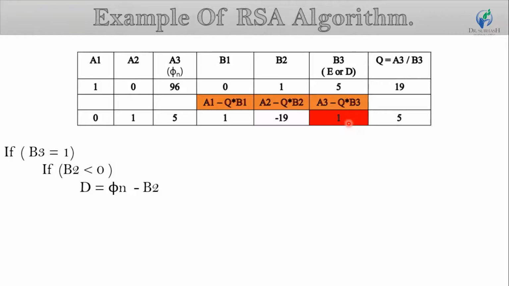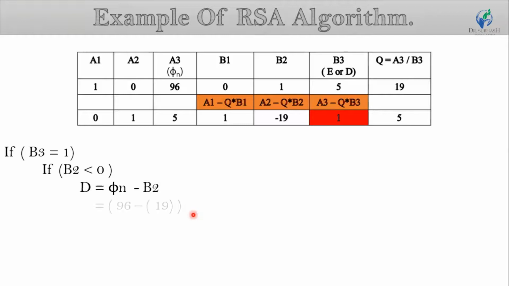In our condition, B2 value is minus 19, so it is less than 0. So we have used this condition to predict the value of D. That equation is D is equal to phi of n minus B2. Now we have put the value of phi of n and B2.